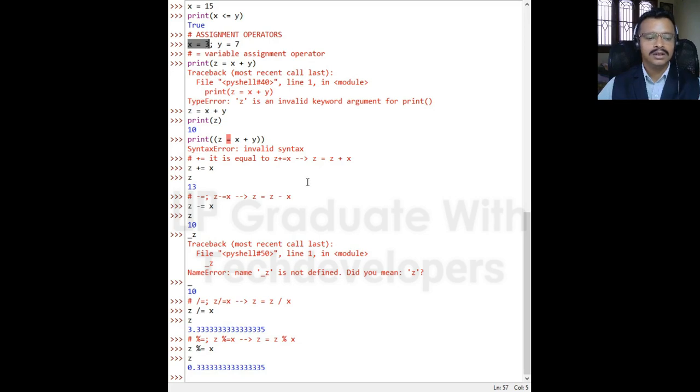So 3.333 divided by 3, obviously the remainder is 0.3333. Okay, so it results in the remainder. Whenever you do a division with the modulus symbol, it always results in the remainder.